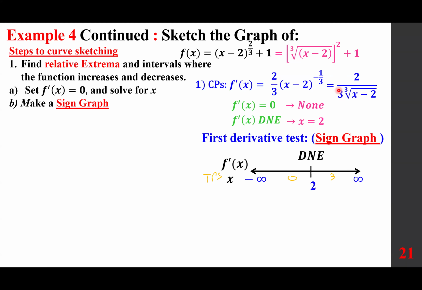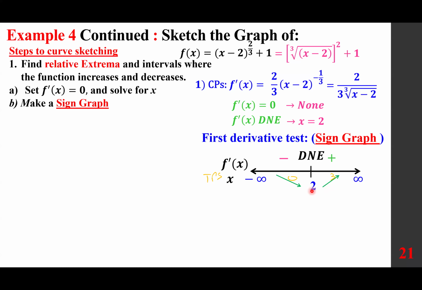If I put 3 here, everything is positive, so this is positive. I'm going to throw in the arrows: negative, arrow down; positive, arrow up. So the function is decreasing from negative infinity to 2. The function is increasing from 2 to infinity because it's positive.